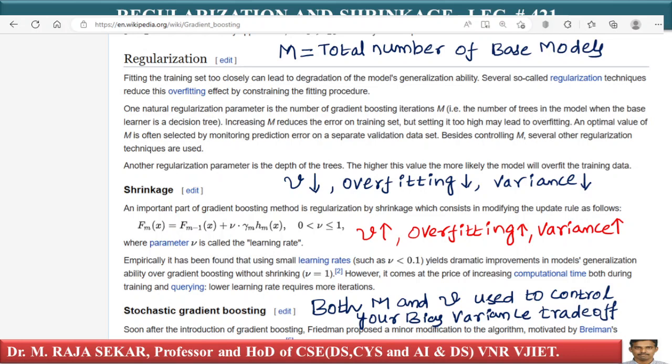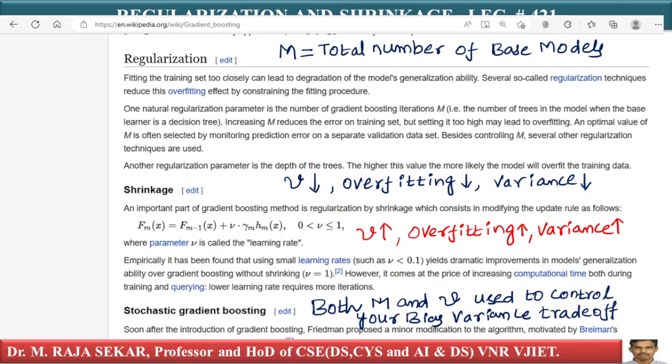So be very cautious when training a model. Always use your cross validation data, and please do grid search on nu and capital M, so that you find the best values of capital M and nu without overfitting. I have seen a lot of cases where people train GBDT and trivially overfit, say by taking capital M equal to 2000, a very large value.